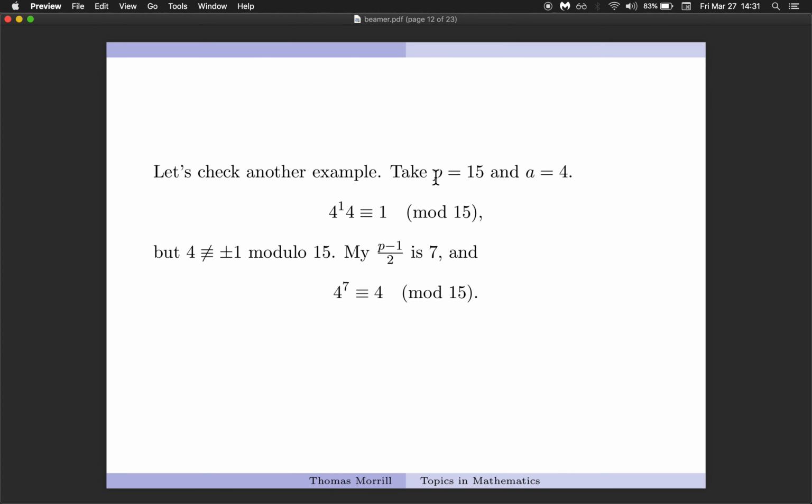So let's see this in action. Here is an odd composite number. Here is an a that I want to check. So I look at p take 1, which is 14, and this should be an exponent. So I calculate 4 to the power 14 mod 15, and I get 1.